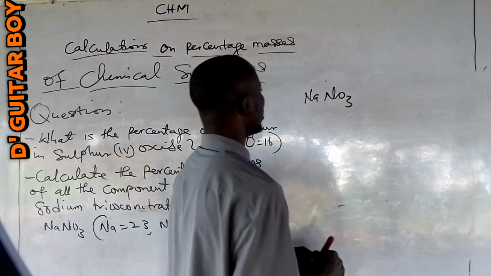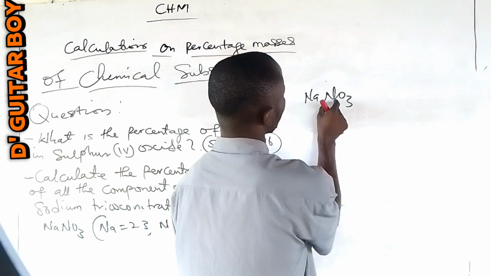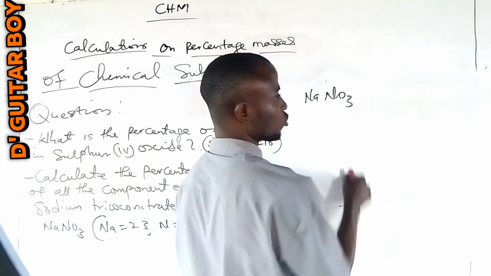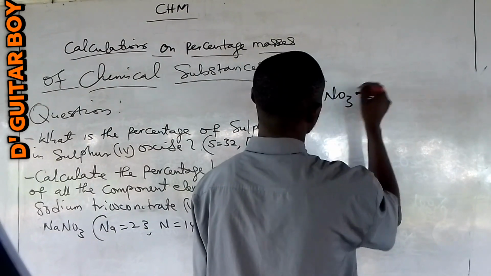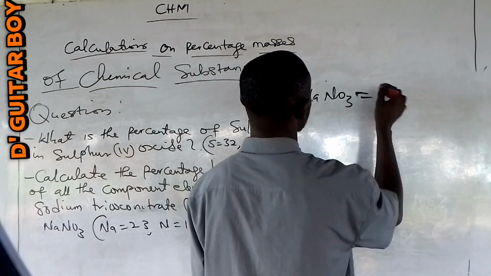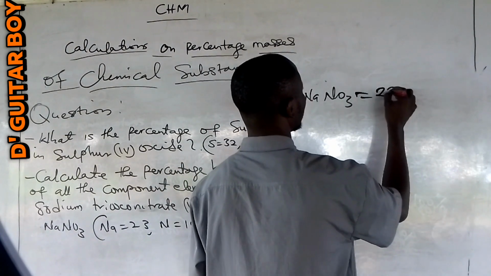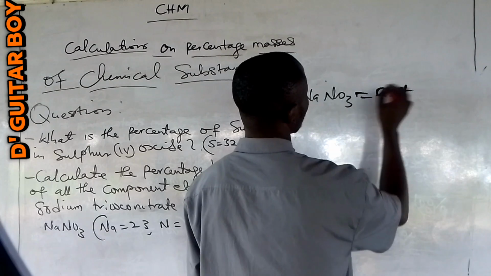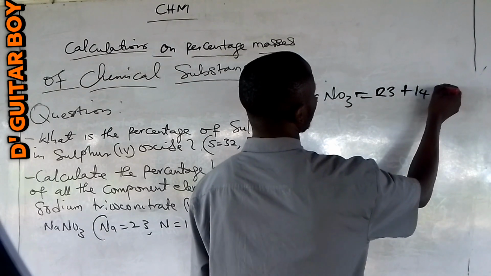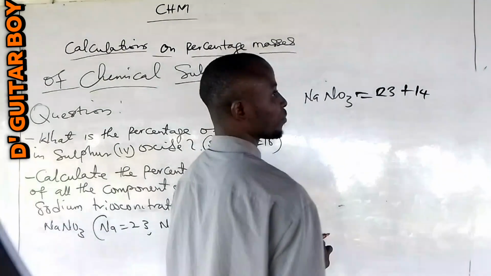In this question, they want you to calculate the percentage of sodium, the percentage of nitrogen, and the percentage of oxygen. So everything here is equal to the mass of everything here. The relative mass of sodium is 23, plus the relative mass of nitrogen is 14. The relative mass of oxygen is 16, but we have 3 oxygen here.